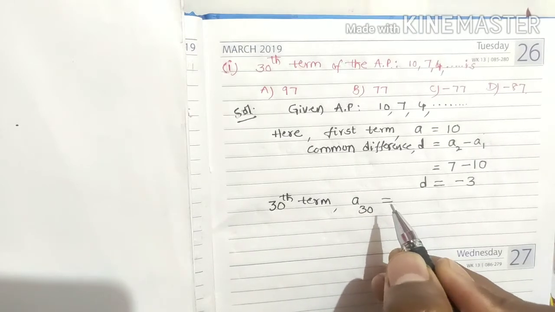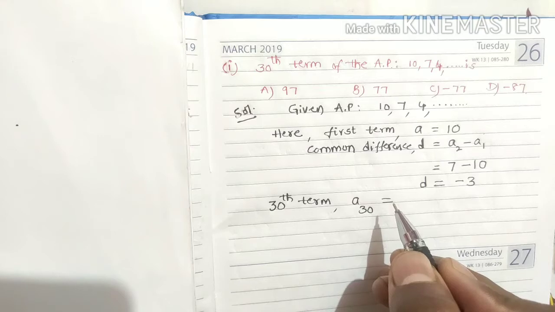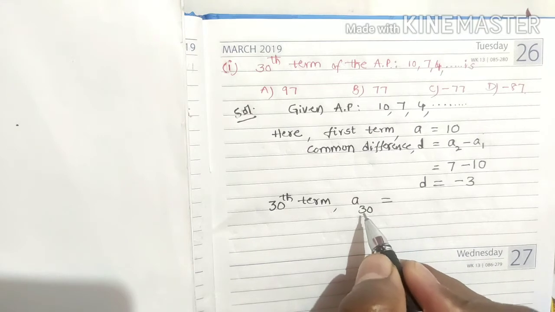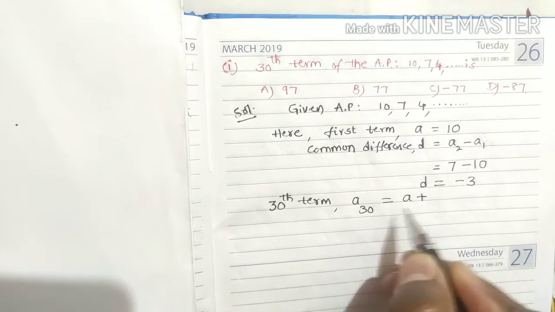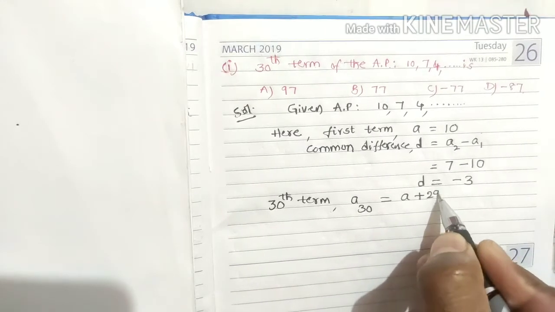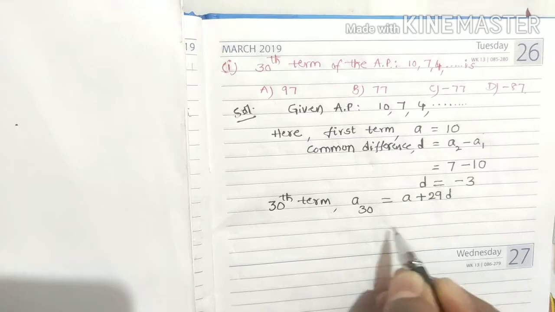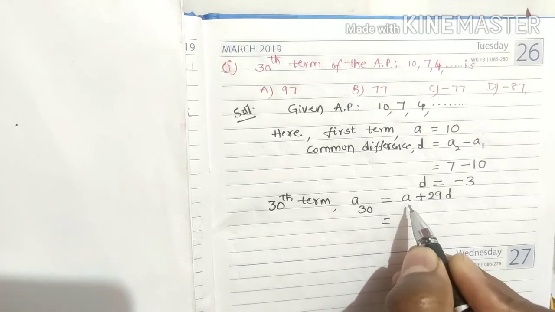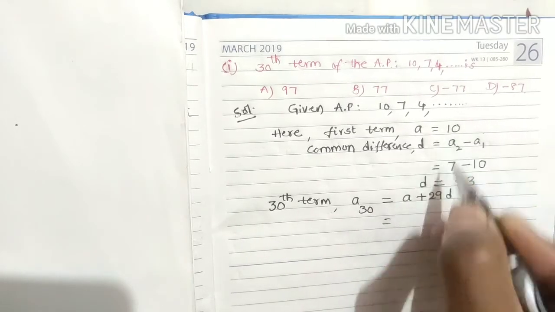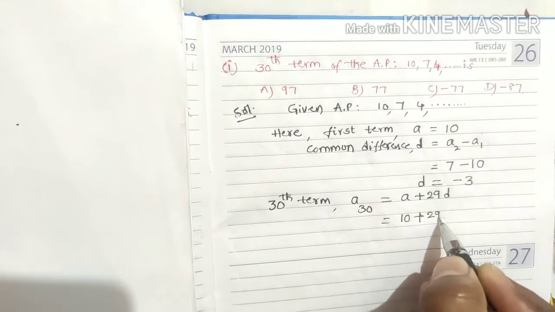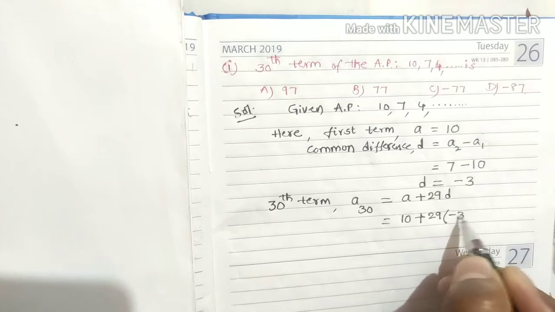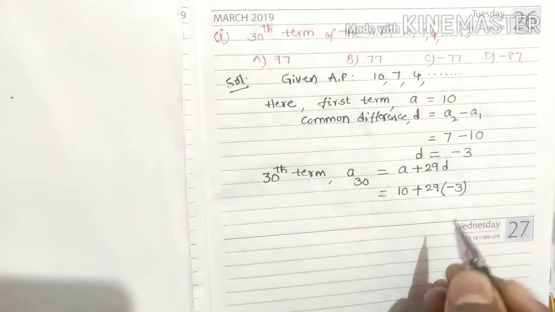As per the formula, An is equal to A plus n minus 1 into D. From that you can write A30 will be A plus 30 minus 1, which is 29, into D. Substitute the values of A as well as D here. A is 10 plus 29 into the D value, -3.